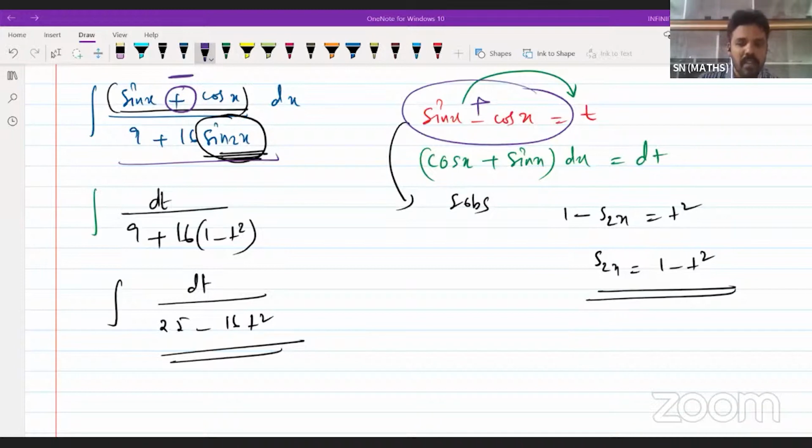Numerator AC, that means coefficient of cos x: my dear students, (AC plus BD) by (c square plus d square) into x. This one you have to remember. Plus, now cross multiply, cos and sin, (AD minus BC) by the same denominator, (c square plus d square), into log of denominator plus k. If you do this, we will get it in less than a minute.